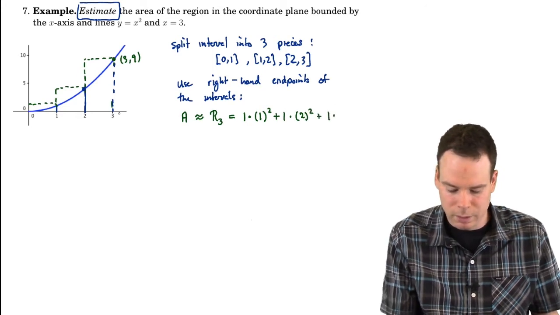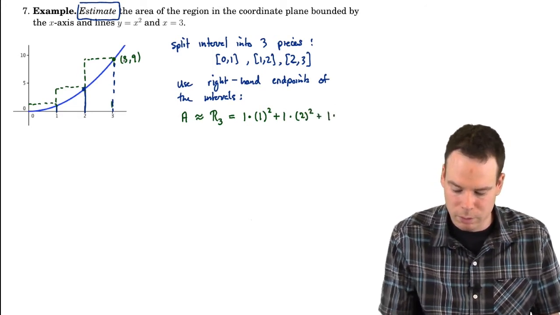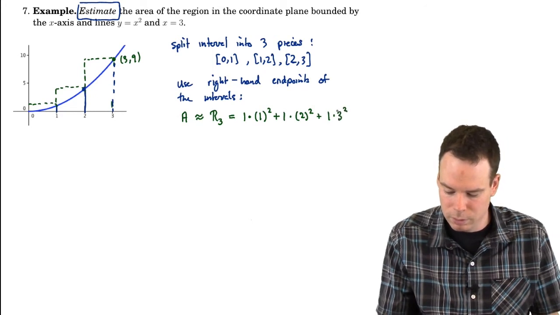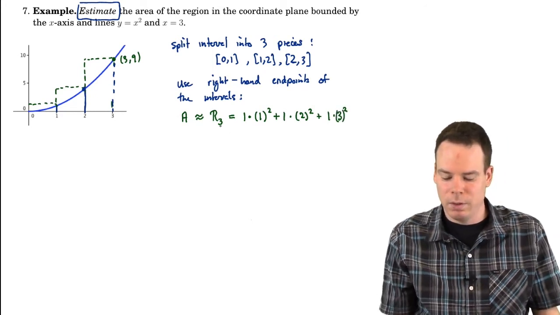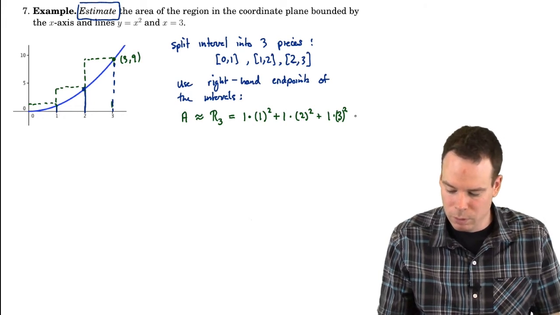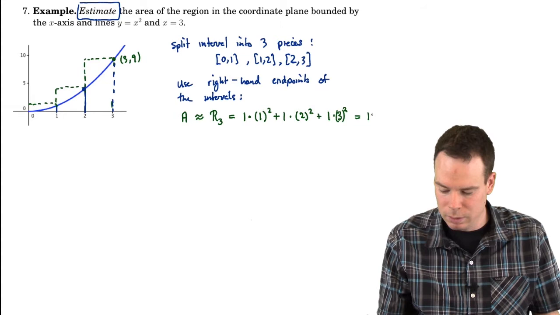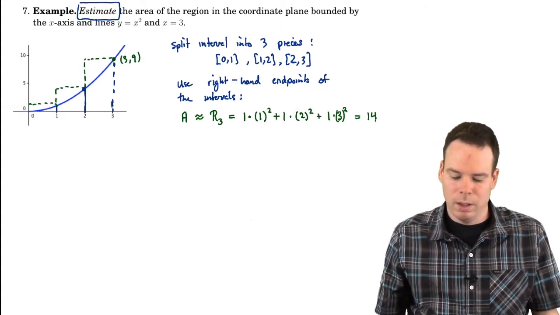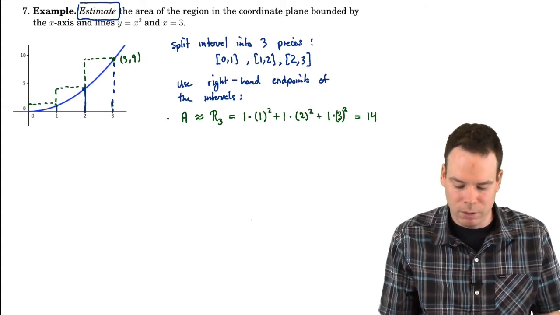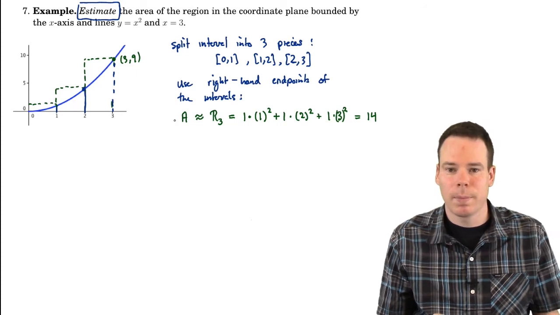And the next rectangle has height 3 squared, or 9. And so there's the area of those 3 rectangles. We can work that out. That's 1 plus 4 plus 9, so that's 14. And so we know that the actual area under the curve, which I've denoted by A here, is smaller than 14.